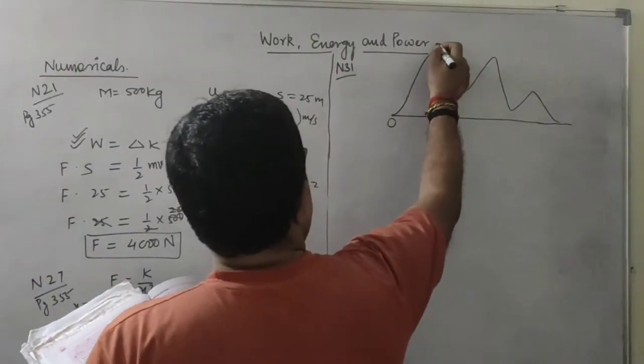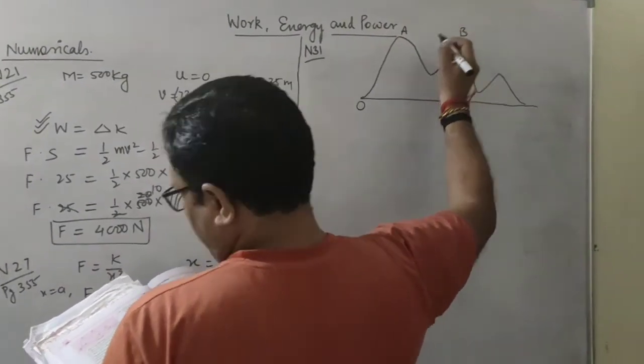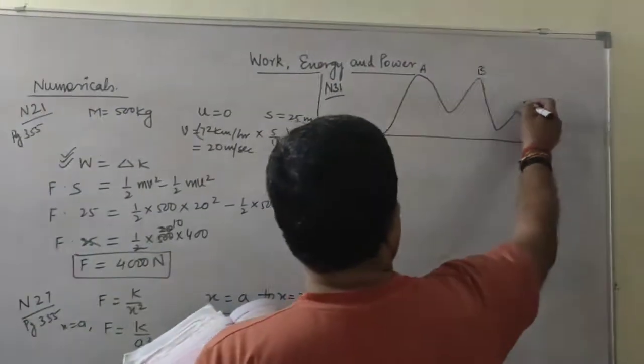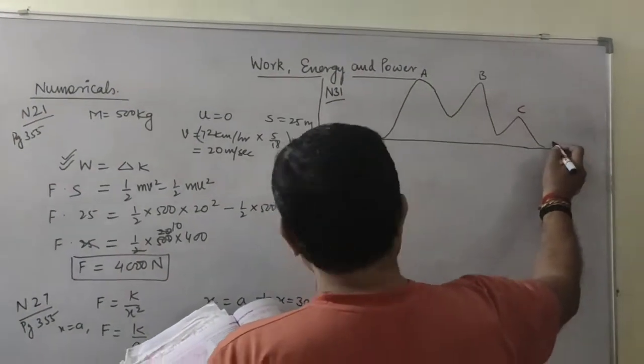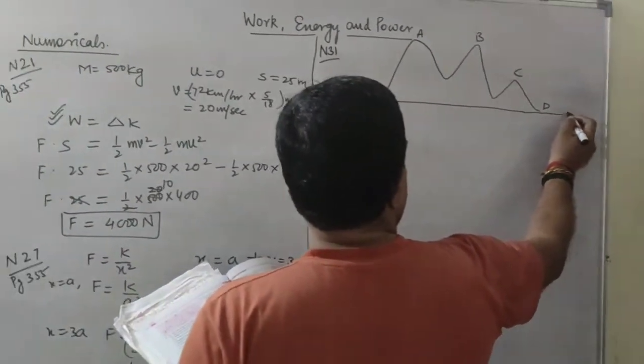This point is A, this is B, this is C, this point is D, and the last point is E.